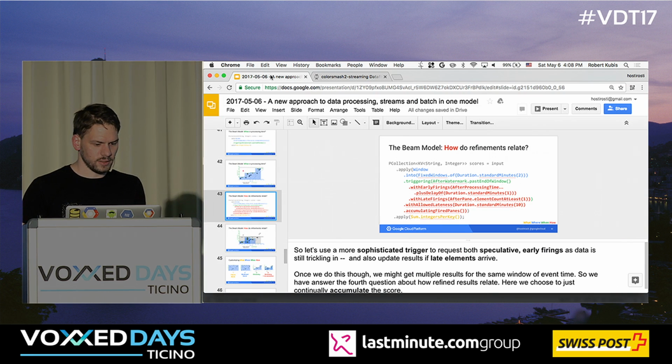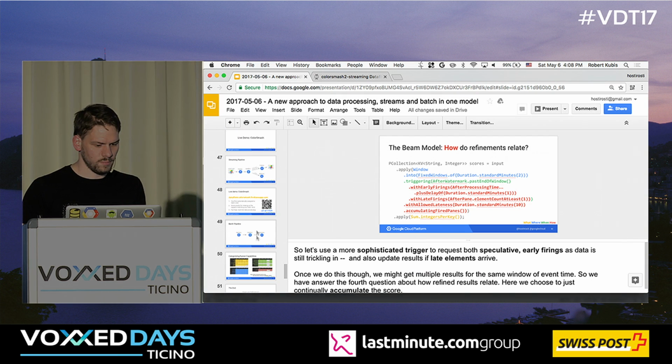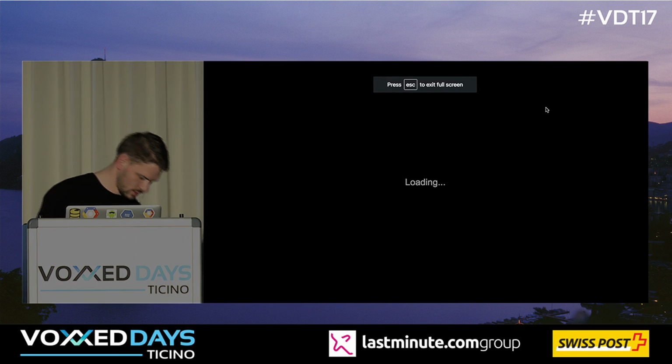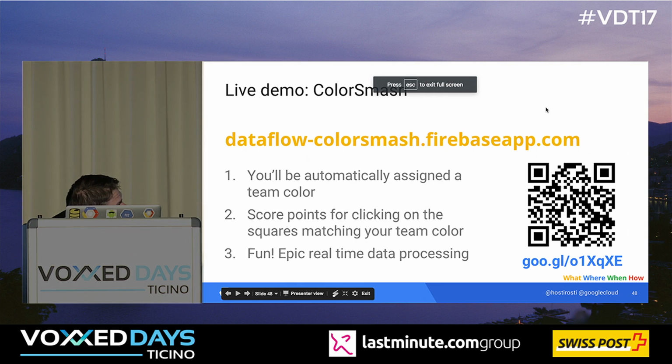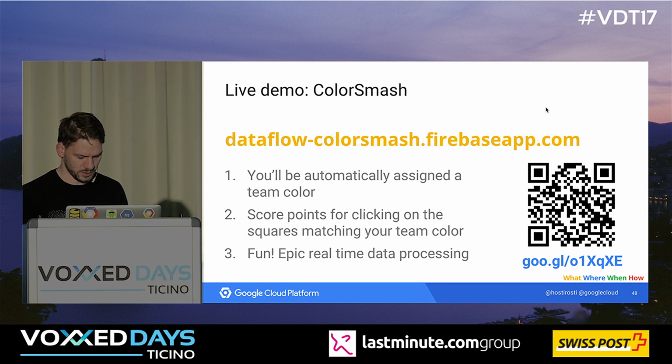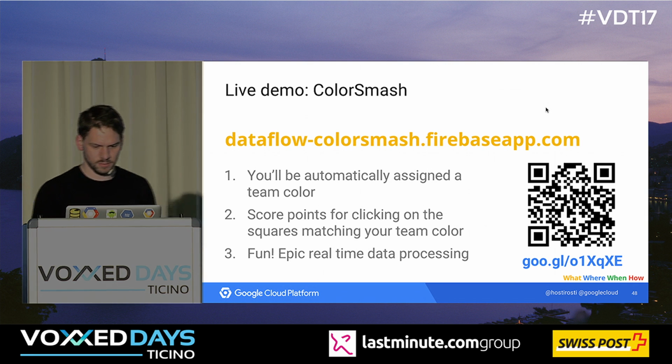So let's have a look at the game. If you want to play, and that would be lovely, you can scan that QR code or type in that short link down there on your smartphone. And I'm going to do the same as well.